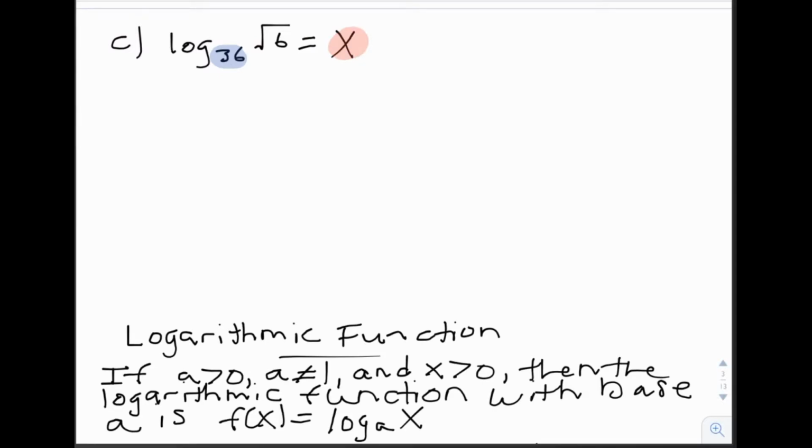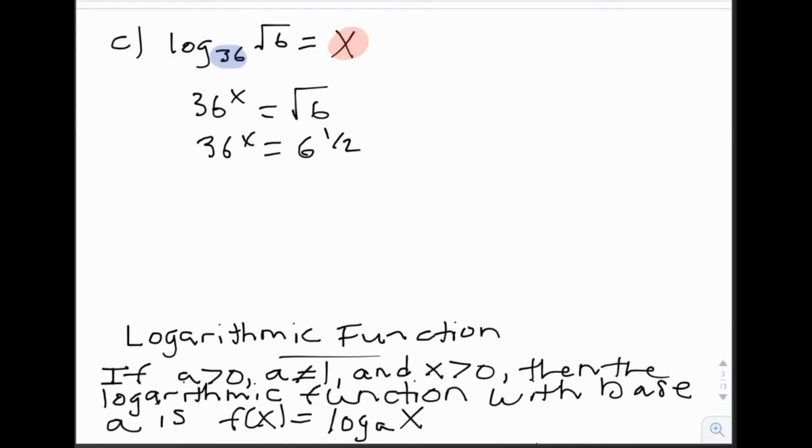So 36 raised to the x is equal to the square root of 6. So let's go ahead and rewrite that square root of 6. So 36 to the x is equal to 6 raised to the 1/2.